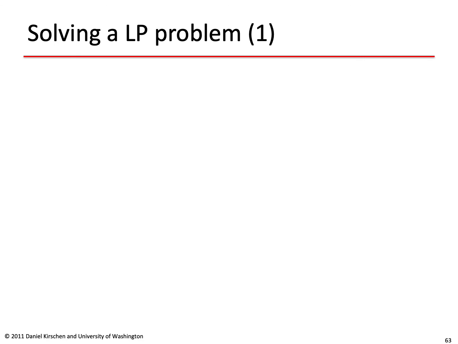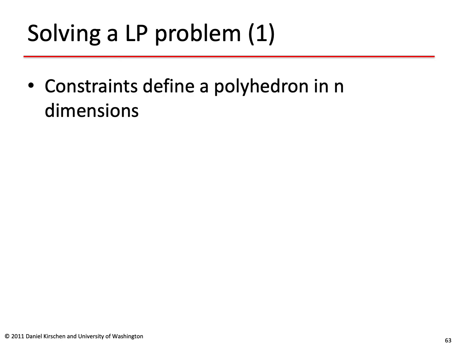So how do we solve an LP problem in general? Well, we start with the constraints. In my two-dimensional example, these constraints define a closed area. In the general case of n decision variables or n dimensions, these constraints define what's called a polyhedron in n dimensions.